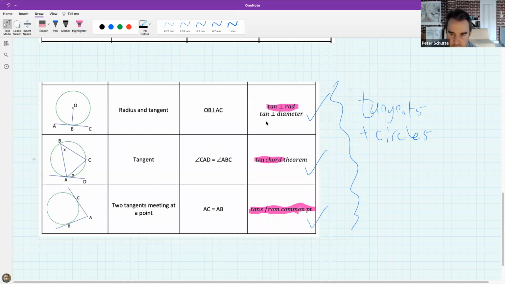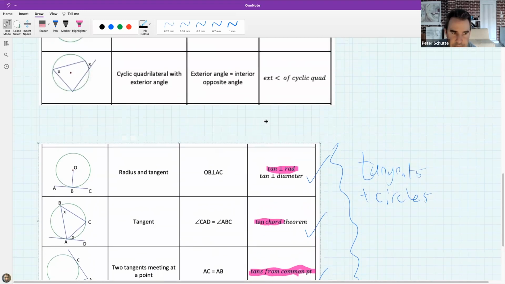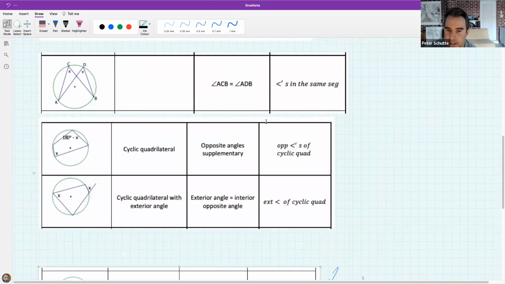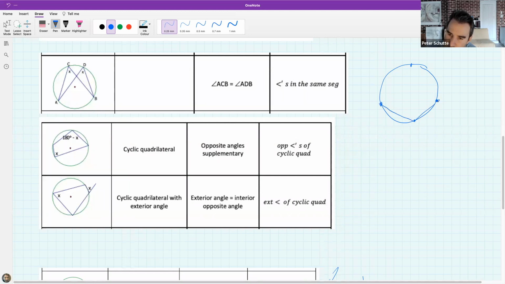Okay, 3, 2, 1. Then in the middle week, we spoke about what's called cyclic quads. Cyclic quads are where you have a circle and a quadrilateral where all 4 points are on the circumference of that circle.